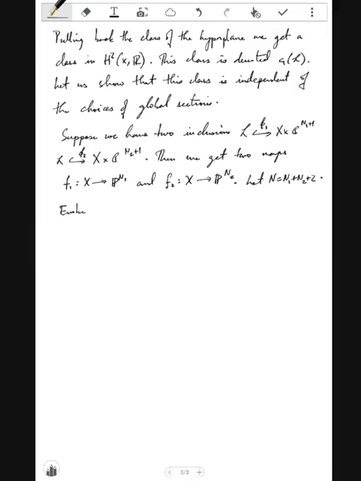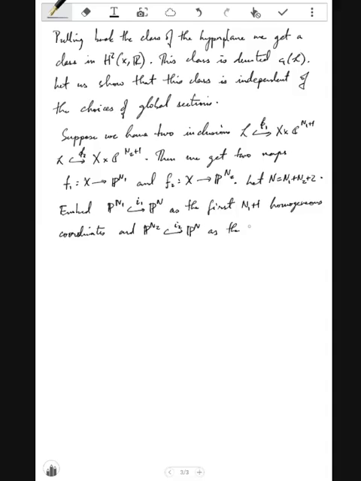Embed P^{n_1} into P^n as the first n_1+1 homogeneous coordinates, and P^{n_2} into P^n as the last n_2+1 homogeneous coordinates.